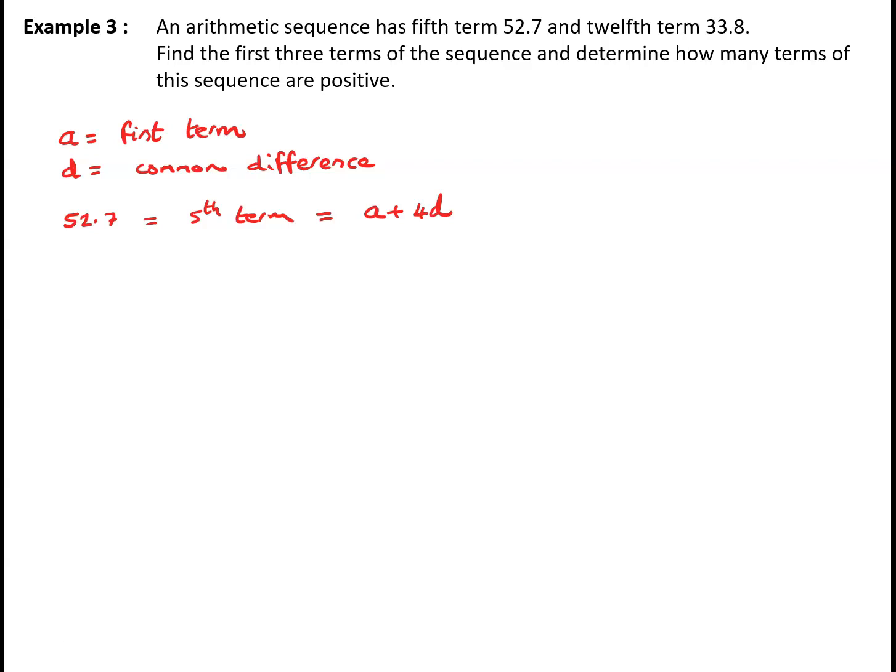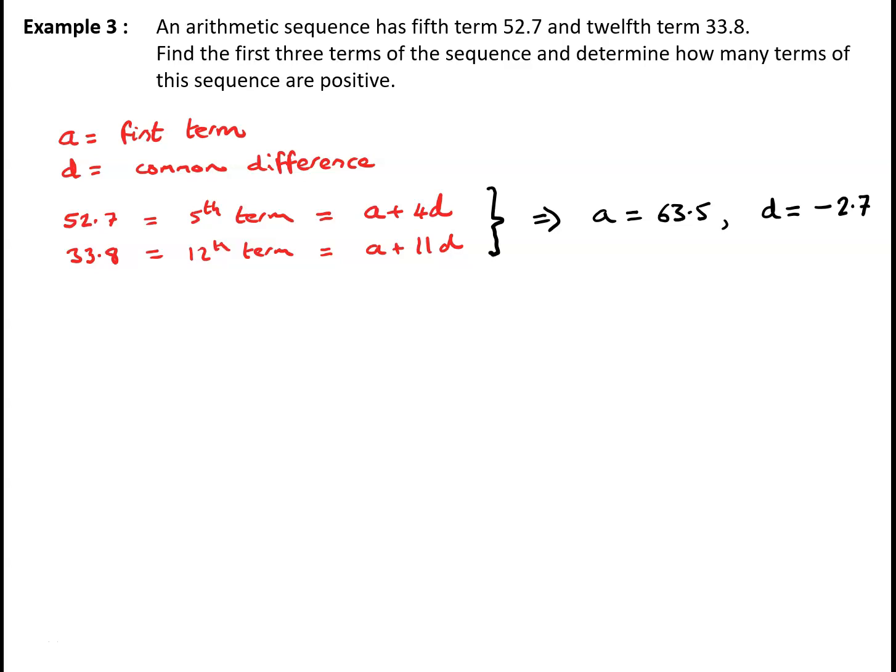The 12th term will be a plus 11d, so 33.8 must equal a plus 11d. So we've now got a pair of simultaneous equations for a and d. Solving those gives me a equals 63.5 and d equals minus 2.7.